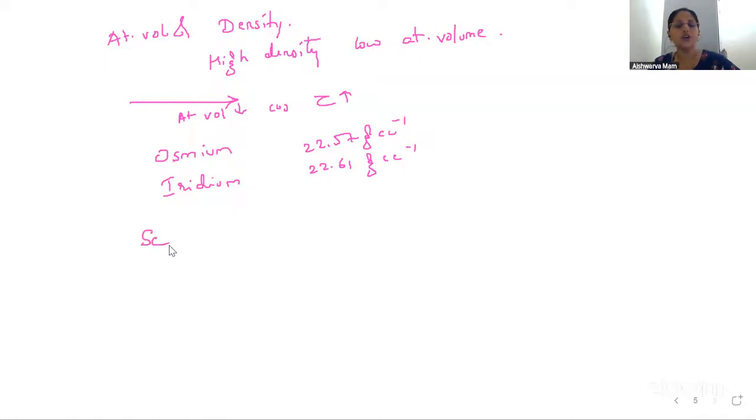Out of the D block elements, scandium is the lightest. Scandium is the lightest transition metal. Osmium is the heaviest and even densest transition metal. Please do remember these points.